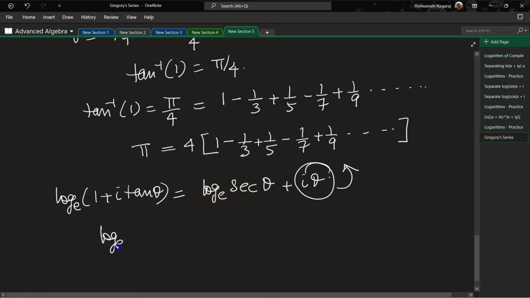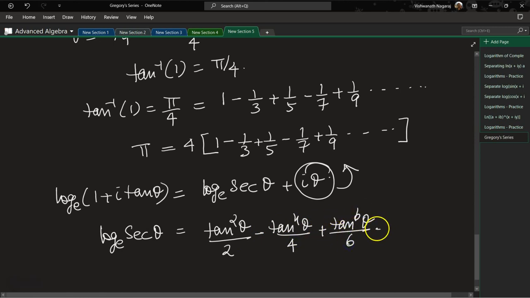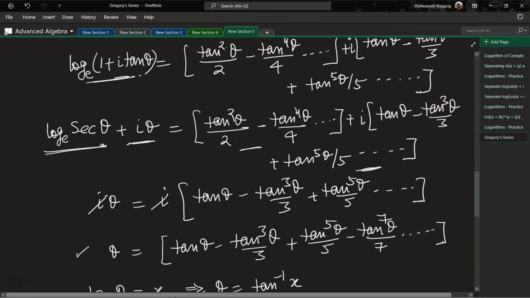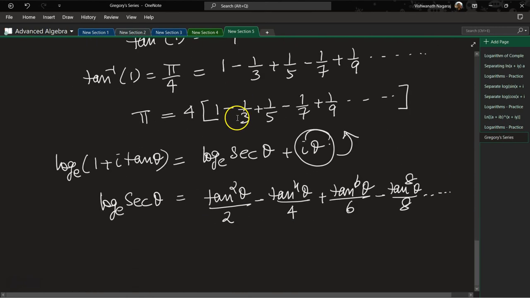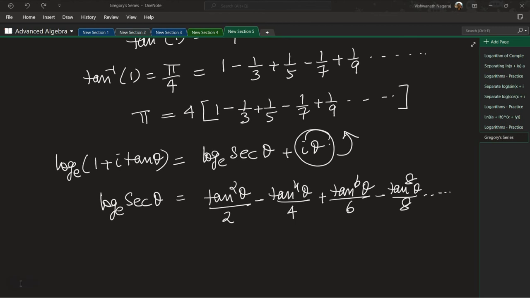So log e of sec theta is going to be tan squared theta, the even number powers, by 2 minus tan to the 4 theta by 4 plus tan to the 6 theta by 6 minus tan to the 8 theta by 8 and on, right? So log sec theta will be the real part, and the real part is this series. So that's it for now. Bye.